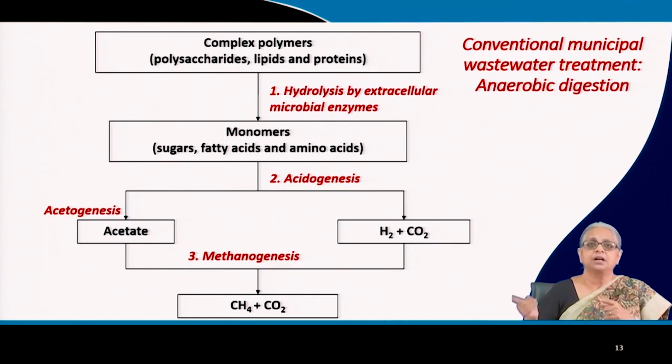These fatty acids are then converted to acetate in a process which is called acetogenesis. You also get the production of hydrogen and carbon dioxide, and these together are going to be utilized by methanogenic bacteria to get the final end product, which is methane and carbon dioxide.